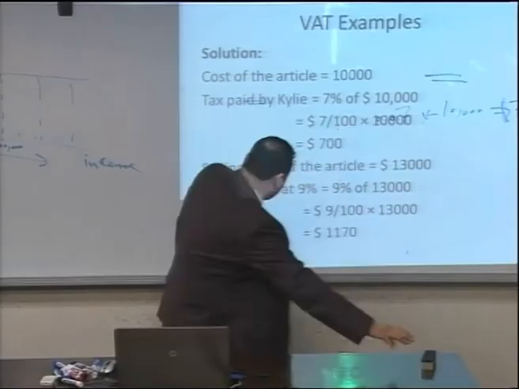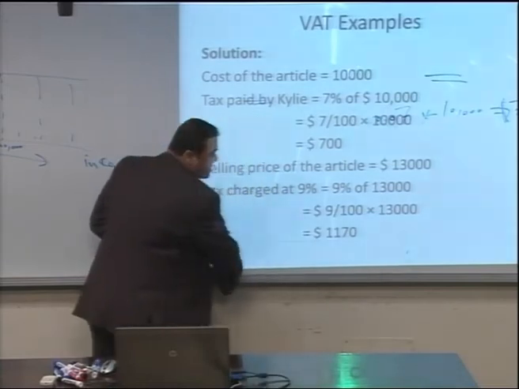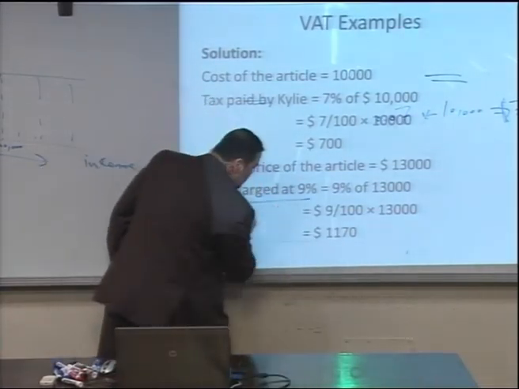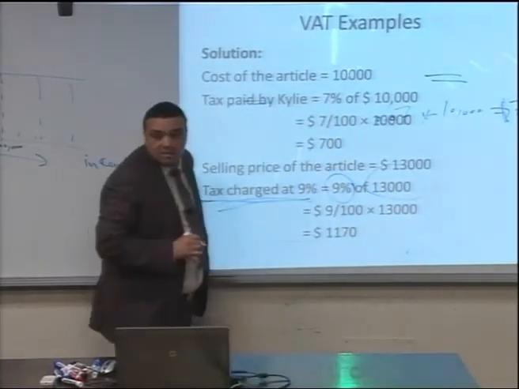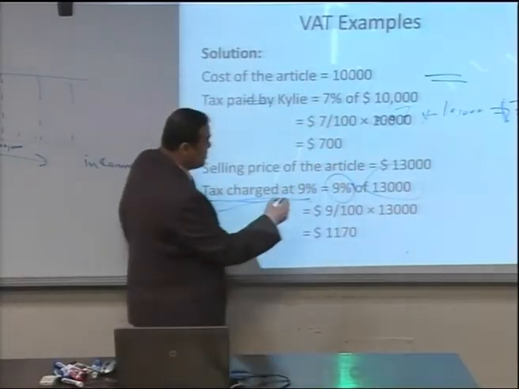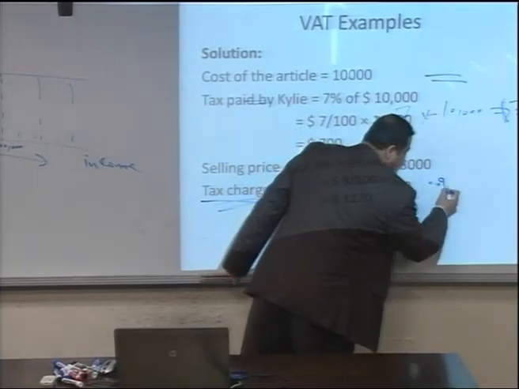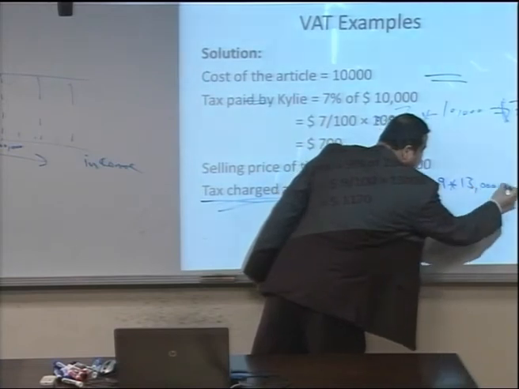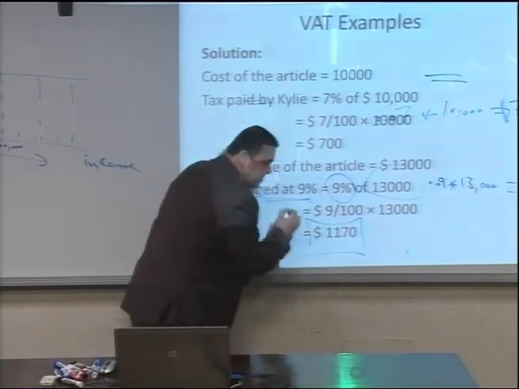The tax charged at 9% equals 9% of 13,000, which equals 1,170.